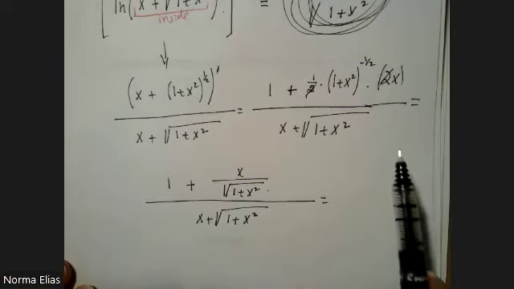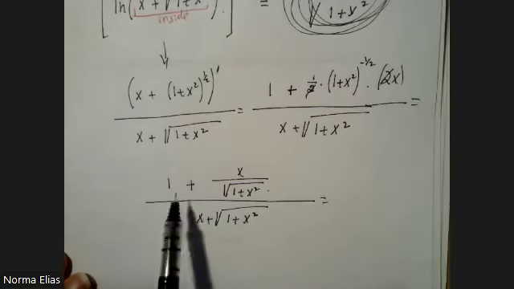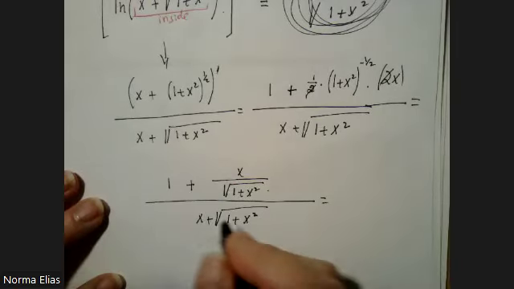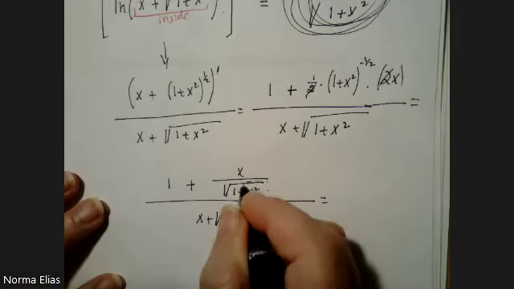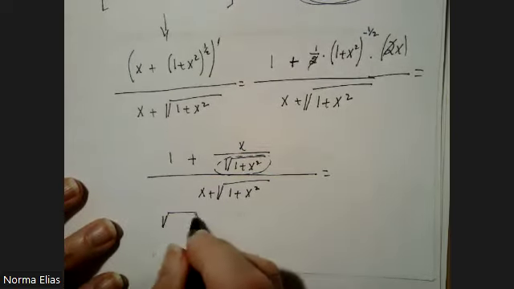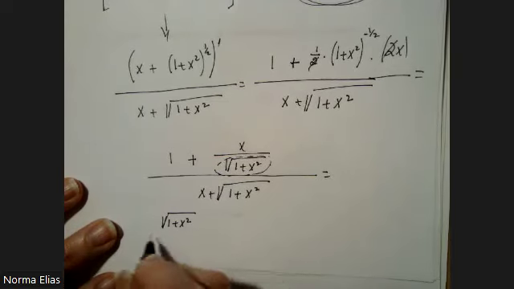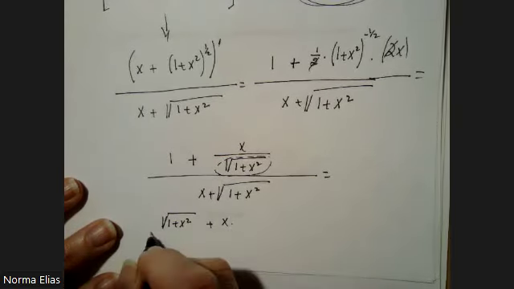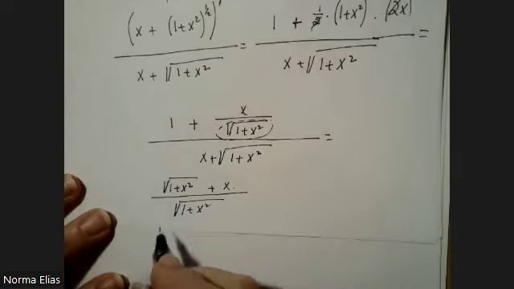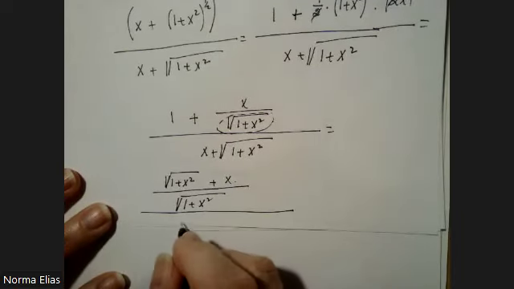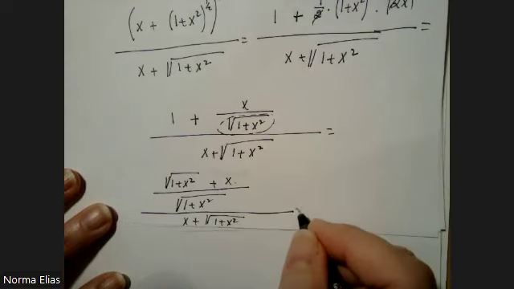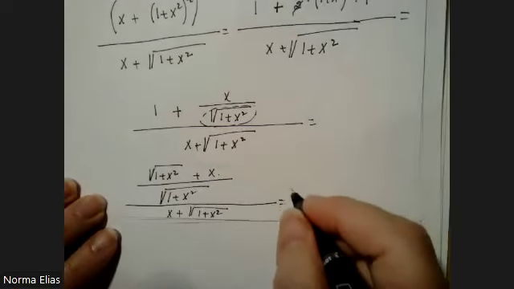All right, I hope you guys have done it. So the only way is we have to find some kind of a common denominator in the numerator. So this will give me equal to. So the common denominator here is the square root of 1 plus x squared. So this will give me square root of 1 plus x squared plus x over the square root of 1 plus x squared, and the whole thing divided by x plus the square root of 1 plus x squared. So which will give me the following.